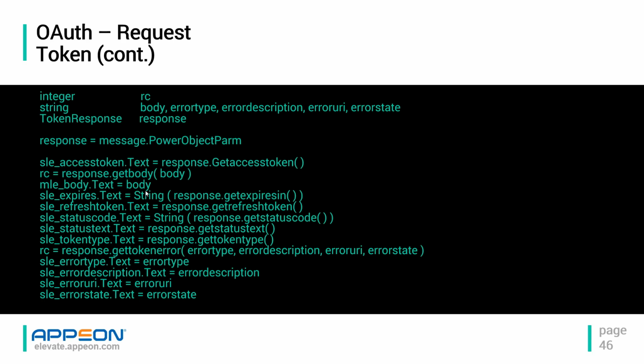Here I'm just getting other parameters and setting the values in the window. Notice for the token error, you pass in variables by reference, and then I set them to the SLE. Sorry about that.